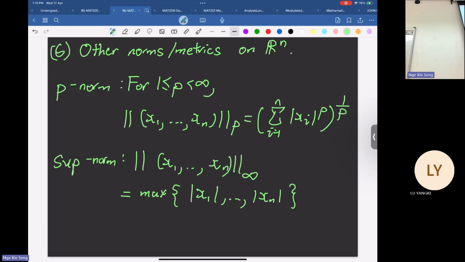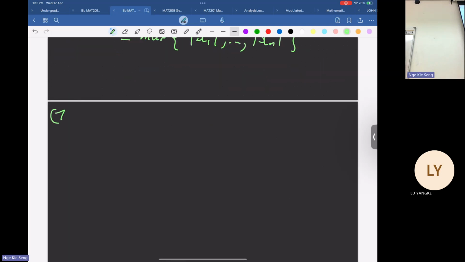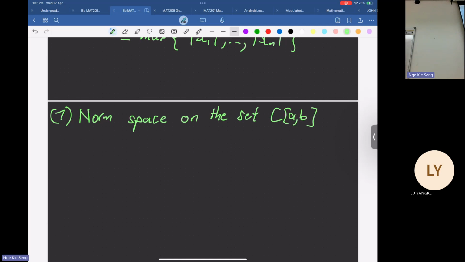And what else? We don't stop just with these elements, right? We can have examples on functions, sets of functions. In particular, the set of continuous real valued functions.